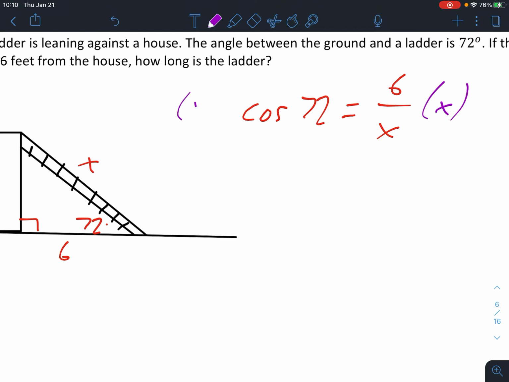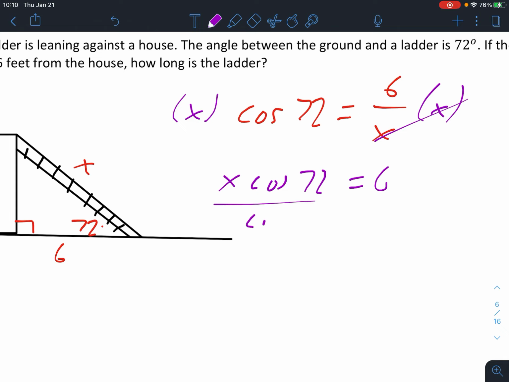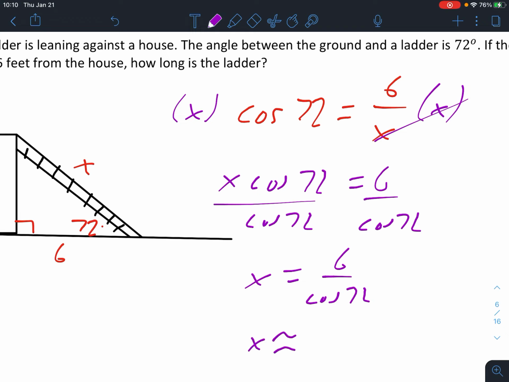Multiplying both sides by x, we get x cosine 72 equals 6. And then dividing by cosine 72, we get x equals 6 over cosine 72. For our answer, we can type that into our calculator. This is approximately 19.42.